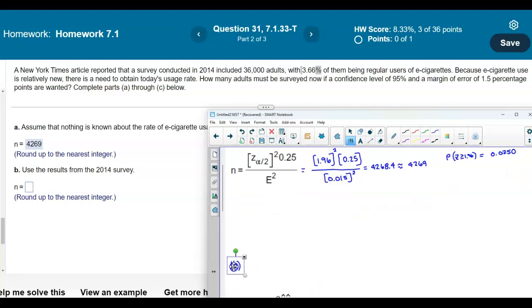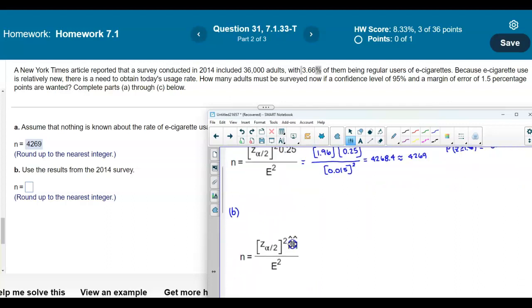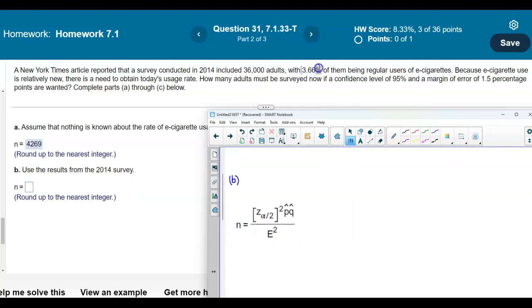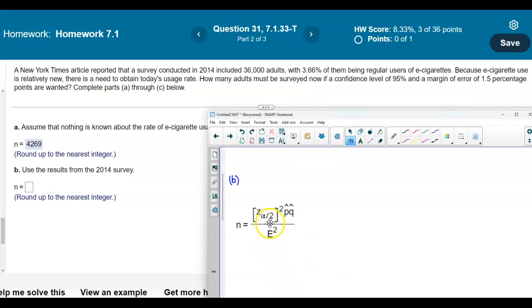When the point estimate is known, the formula is the critical value squared times the point estimate times the complement of the point estimate, over the margin of error squared. From the previous step, we know that the margin of error is 0.015. We also determined that the critical z-value was 1.96.